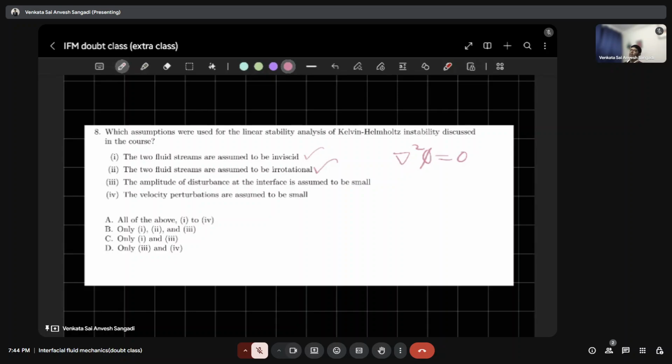Only then are we able to incorporate the linear stability analysis. The eta should be small. So the third is also correct. And the velocity perturbations are also assumed to be small, so the nonlinear terms, u square, also drop out. Only then can we have a linear stability analysis. Therefore, option A is correct.